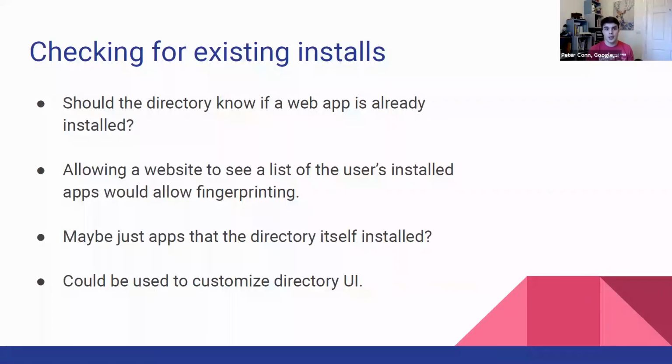This would be a big privacy concern if any more than 3 apps are accessible, because it would lead to user fingerprinting. Potentially, we could let the directory just see the apps that it has installed itself, or yeah, I don't have a definitive answer on this one.